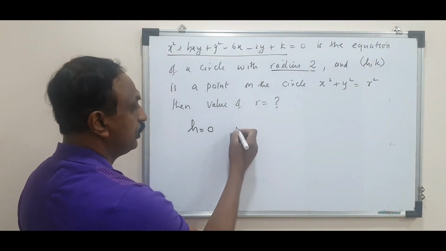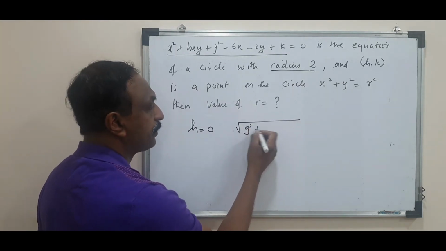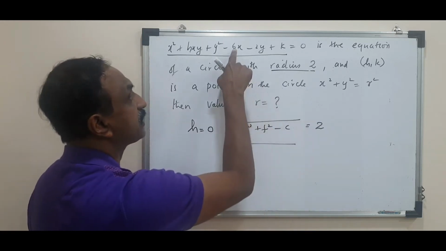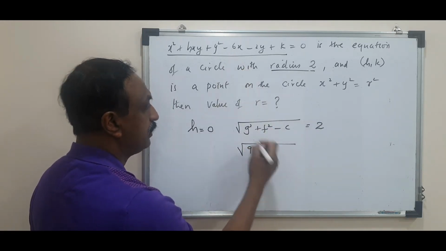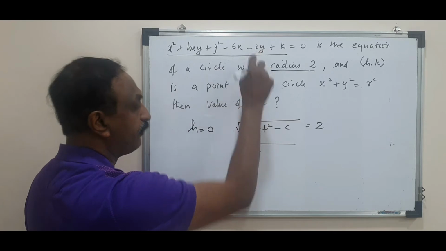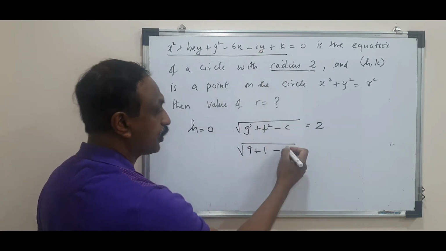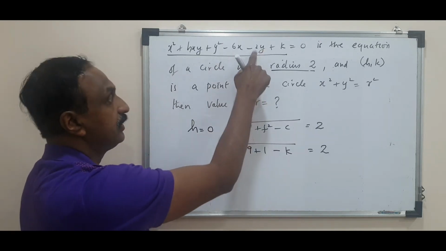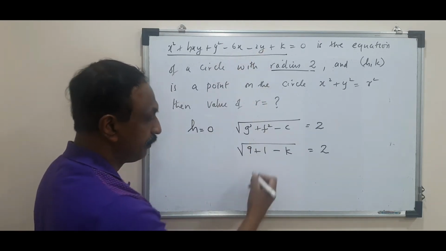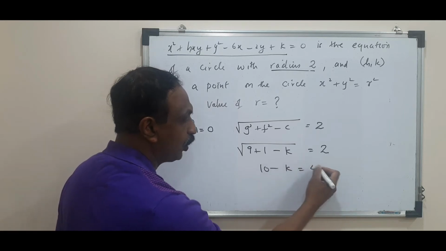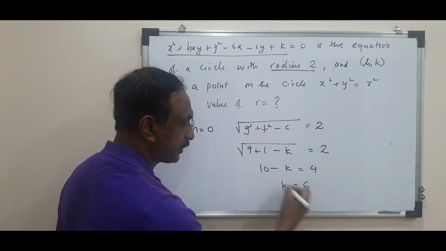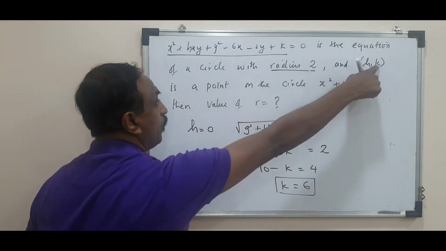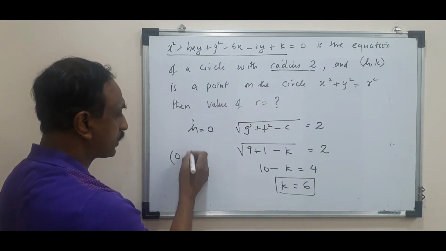Radius is 2, so root of g square plus f square minus c should be 2. g is minus 3, f is minus 1, squared. So 10 minus k should be 4, so k should be 6. Therefore the point h comma k is 0 comma 6.